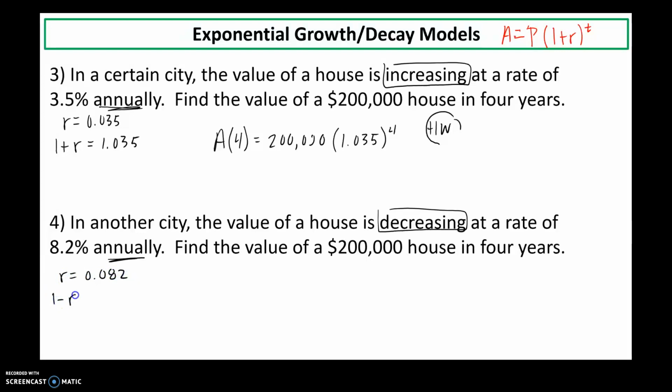So when I take 1 minus that rate, I get 0.918. And that makes sense. If this is what I'm plugging in, then it's going to be exponential decay. So the value of the home after 4 years, the home was originally worth $200,000 times 0.918 to the 4th power. So evaluate both of those, and you definitely need a calculator for that.